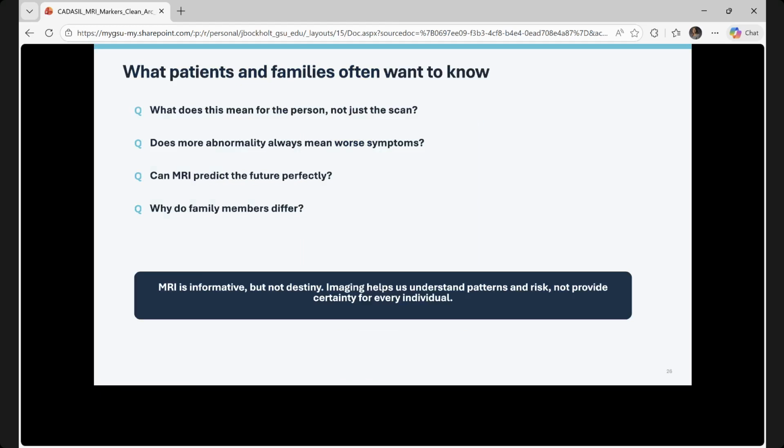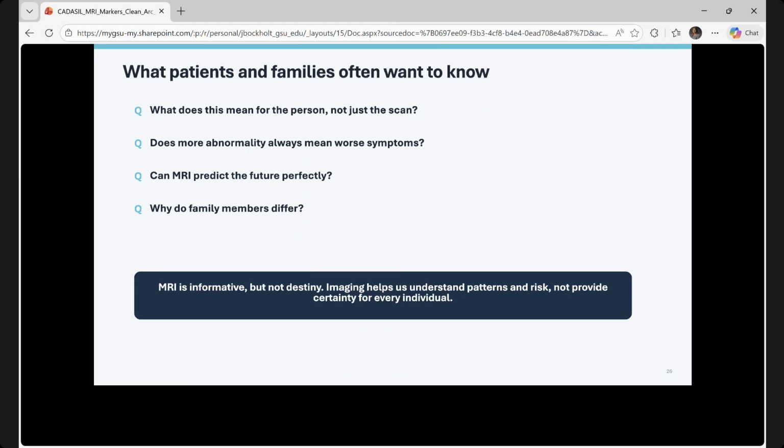So what does this mean to participants, patients, and families? To start to frame some of the questions that you may have: does having these white matter changes mean that your symptoms are going to be worse? Can MRI predict your future?